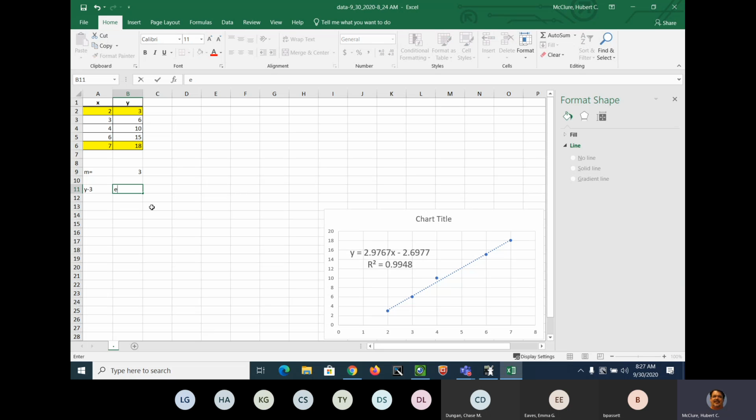I can't use the equal sign, so I'm just going to put equals 3 times x minus 2. And of course, bring this back down. I'm just going to copy this, Control C, Control V, and that's going to be 3x minus 6.